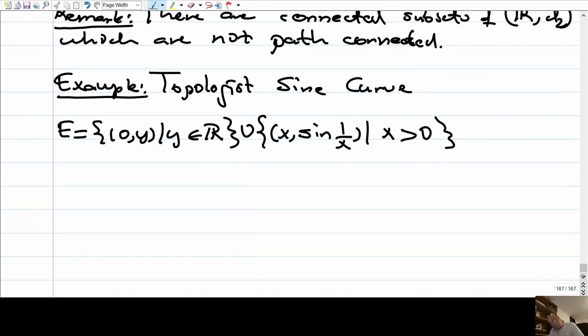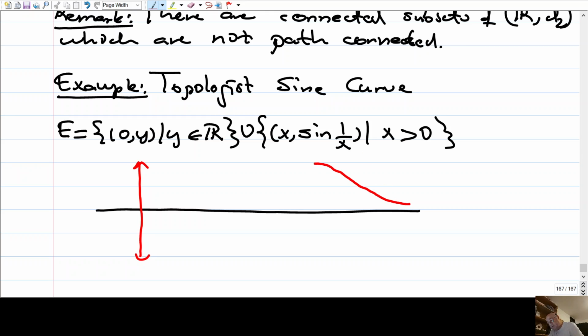So this has two parts. One part of this set is the y-axis, and the other part is the graph of the function sine 1 over x. And this graph has an image something like this, okay?